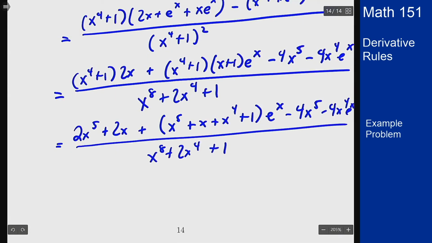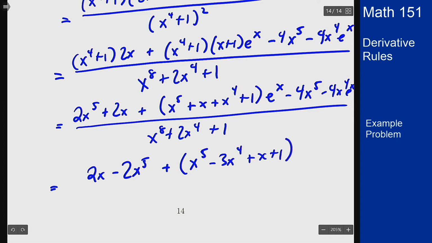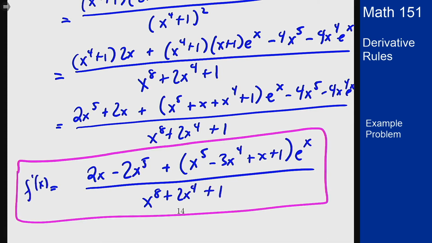And now I can merge these together, combine terms of the same degree, to get an expression like this. 2x minus 2x to the fifth. That came from combining this 2x to the fifth with this minus 4x to the fifth. And then plus x to the fifth minus 3x to the fourth plus x plus 1 times e to the x, all over x to the 8th plus 2x to the fourth plus 1. So there is our simplified expression for the first derivative.